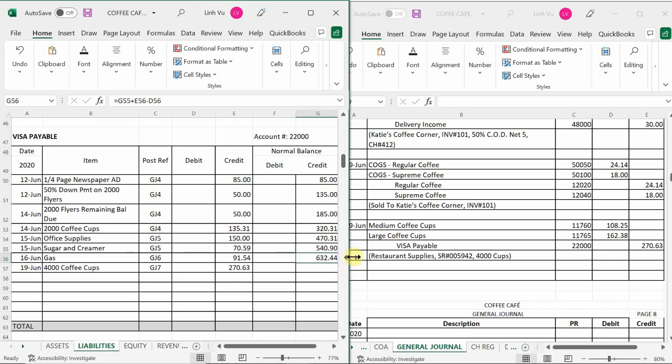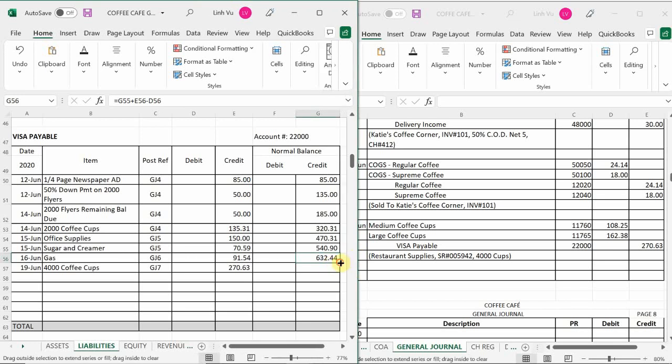Oh no, not 90307. Right, 6, 8 plus carry the 1 over 9. Okay, 90307 is what I owe on my credit card.